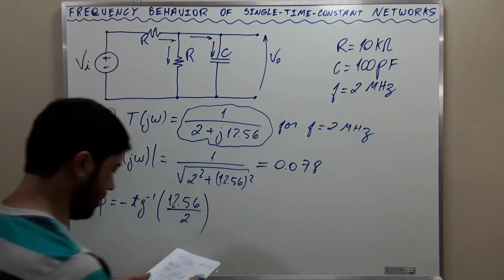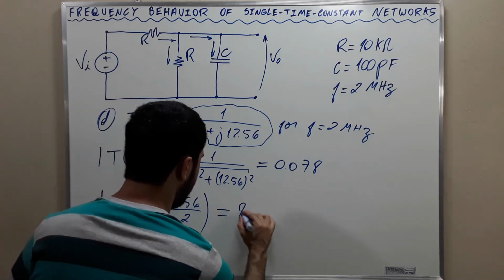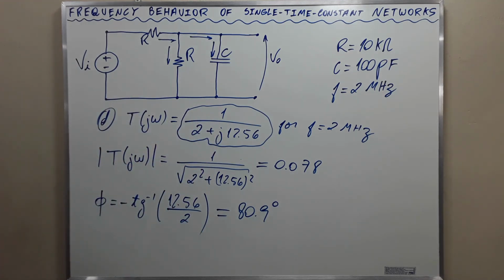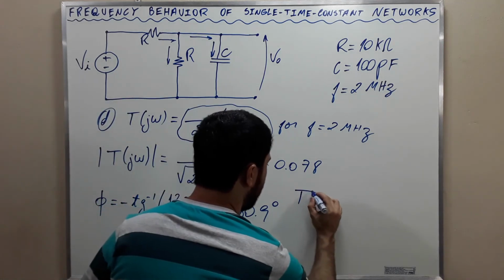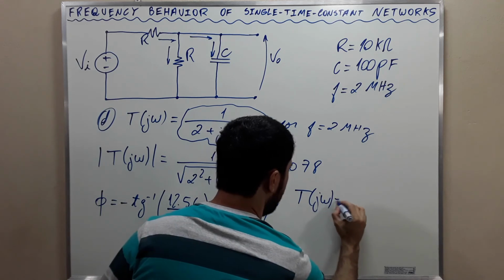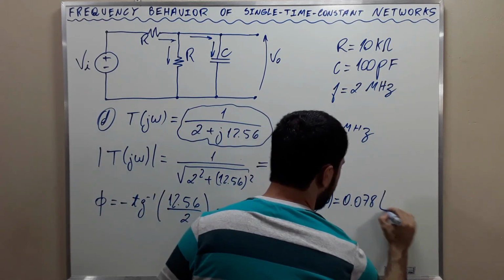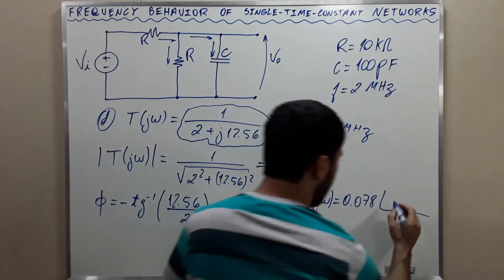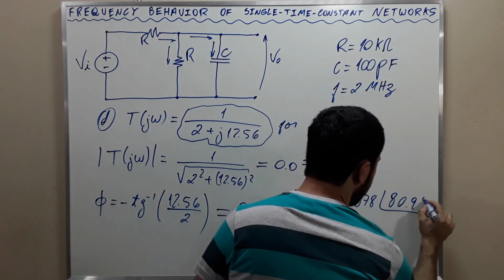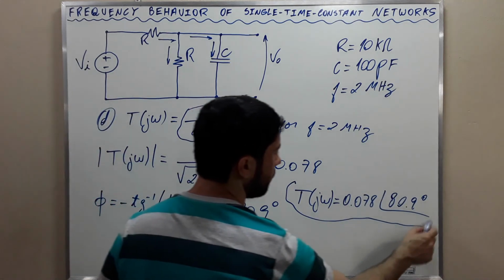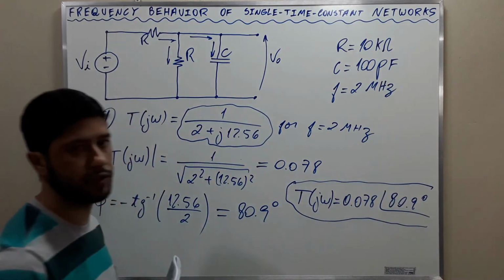And we find the angle to be equal to 80.9 degrees. Then our response will be equal to 0.078 phase 80.9 degrees. This is our final response. And what does it mean?